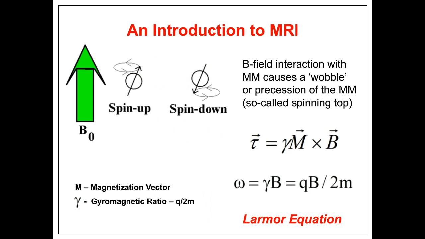So this net magnetization vector is in the direction of B0, but it's not locked in exactly the same direction as B0. Rather, there's a torque on that net magnetization vector, so that instead of being locked in place with B0, it's in the direction of B0, but it precesses around the B0 line.